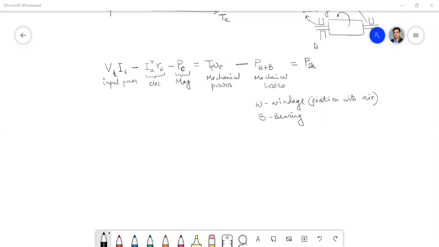The earlier student told that due to the armature current, the back EMF is getting generated. Is it true? Is back EMF generated due to the armature current, or can it be generated without it?